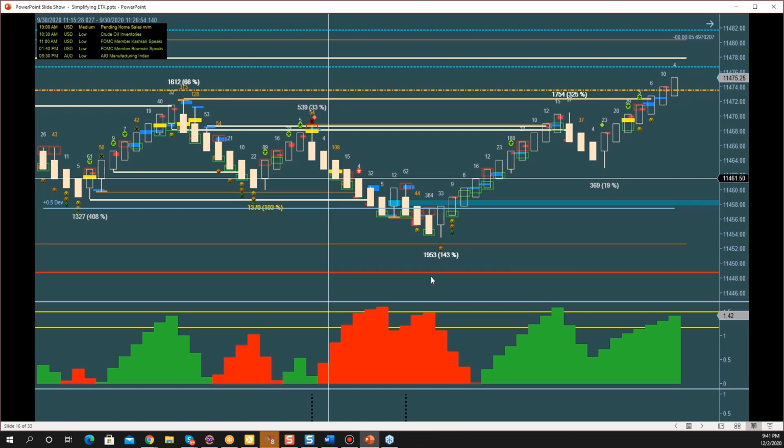Everything we just went through there, not just the ETX itself, but those other things all combined, the ETX, the double mini magnets, the cluster, the star, the momentum, you get why it's a no-brainer, right?